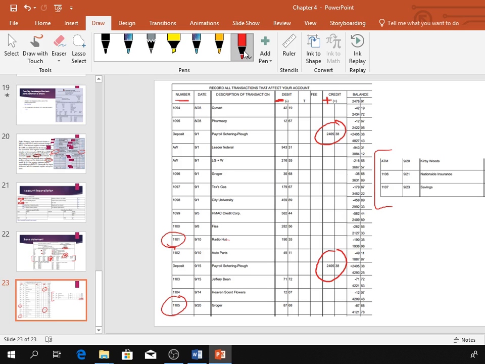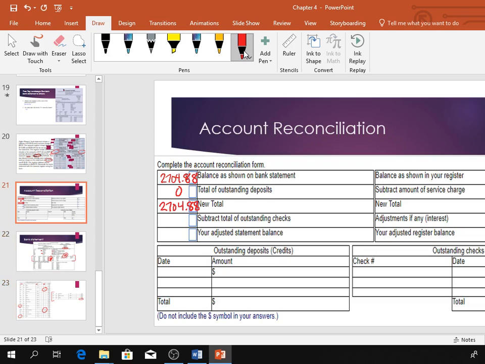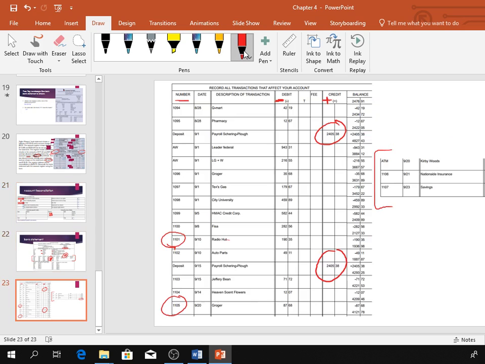So I need to write these in, 1101 and 1105. So I'm gonna add these in down here. So I've got 1101 and 1105. And I'll do the addition and then put it here. So they already wrote the amounts for me, how convenient. But the dates, 1101 was written on 9/10, 1105 was written on 9/20.